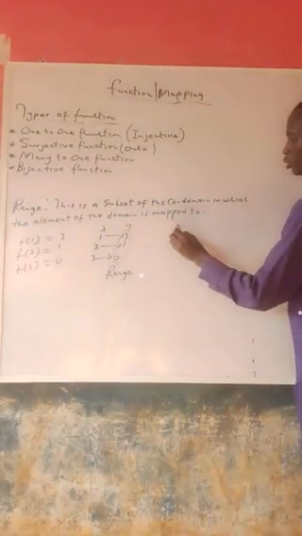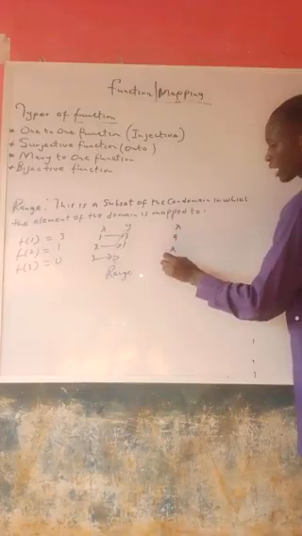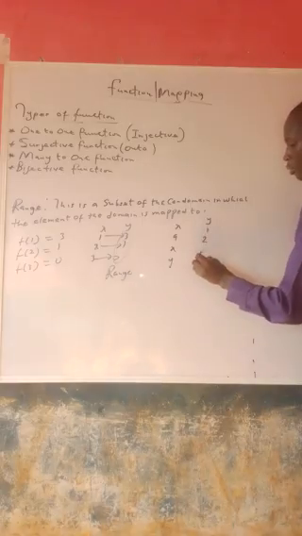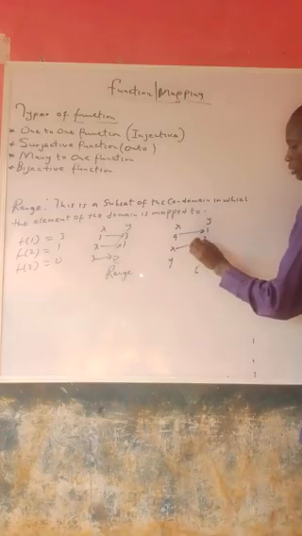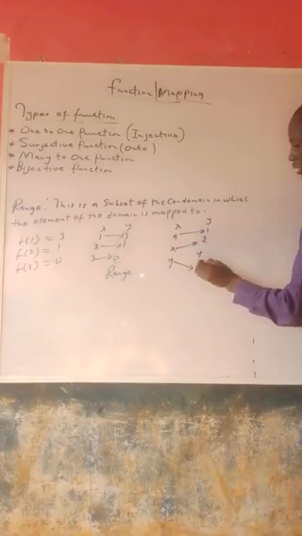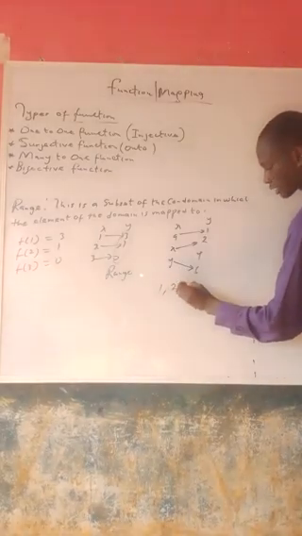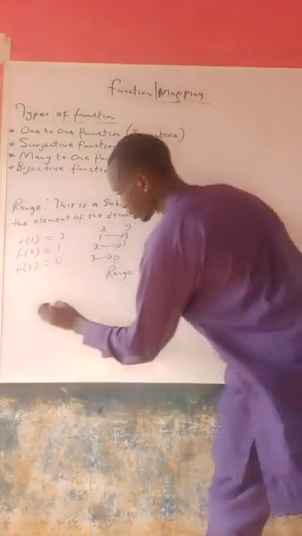We're having x equals a, b, c, and y equals 1, 2, 4, 6. Let's say this is mapped to this, this is mapped to this, this is now mapped to this. So the range here now are what? 1, 2, 6.